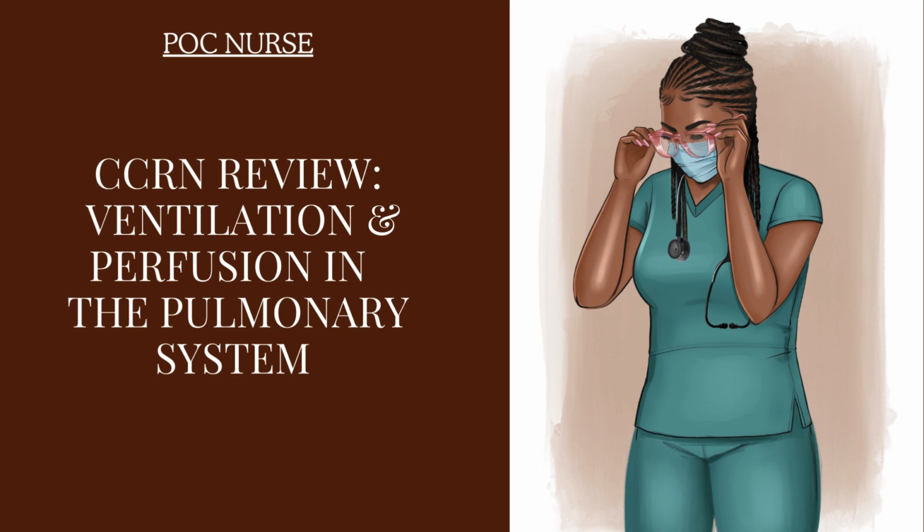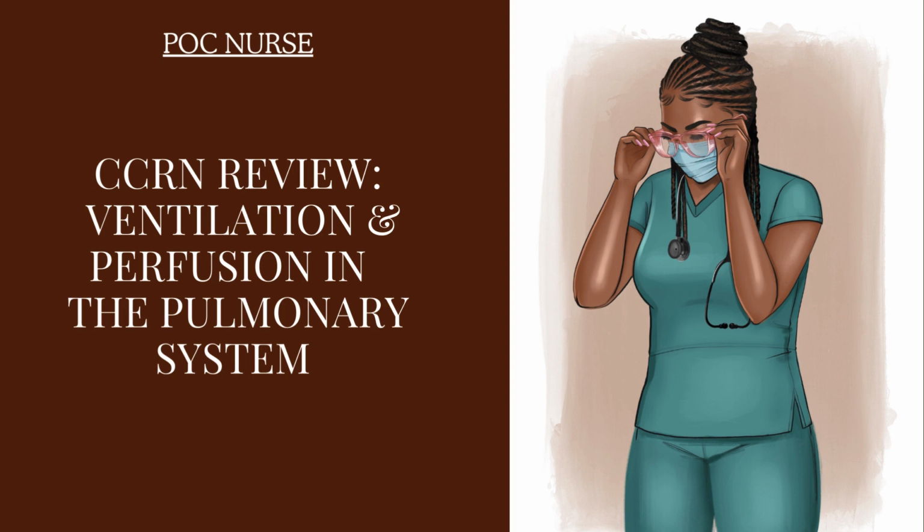Now, the ventilation perfusion ratio is shown as a fraction, if you want to call it that, where it is 4 liters, that's minute ventilation, which is 4 liters per minute, over perfusion.